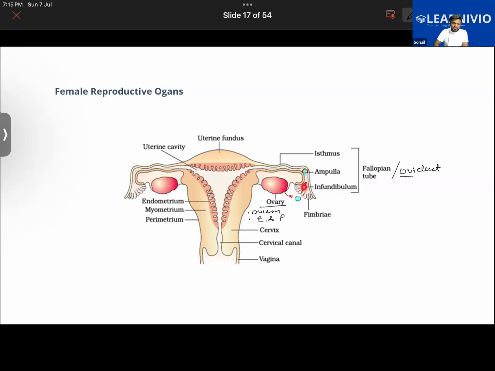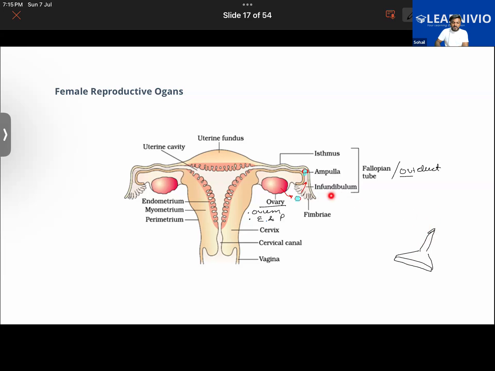By the way, the mouth of the fallopian tube is funnel shape, you guys understand, like this. It is just like the shape of a funnel, but further it has a shape just like a tube.